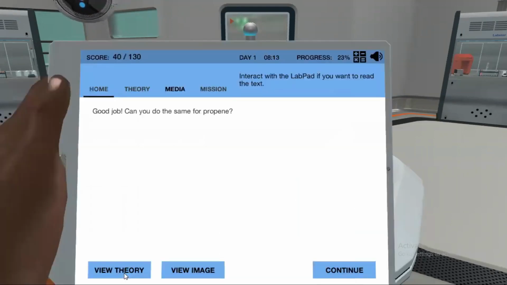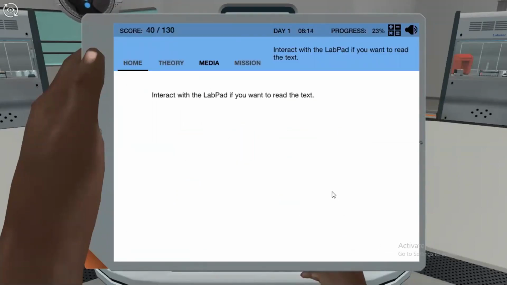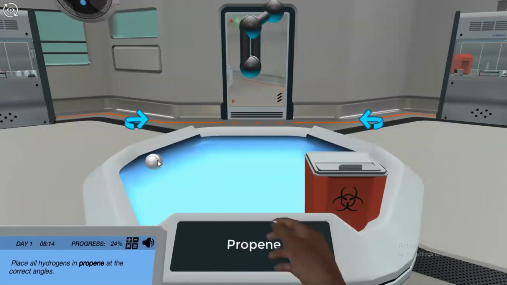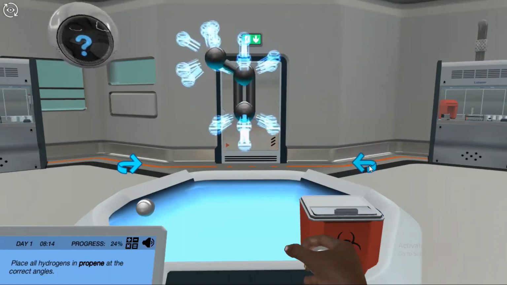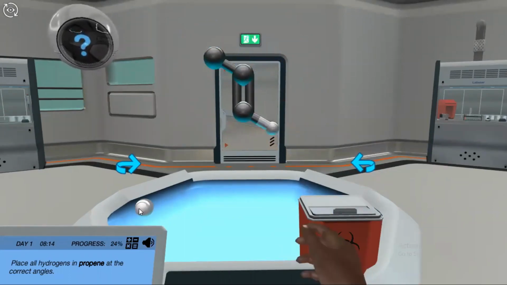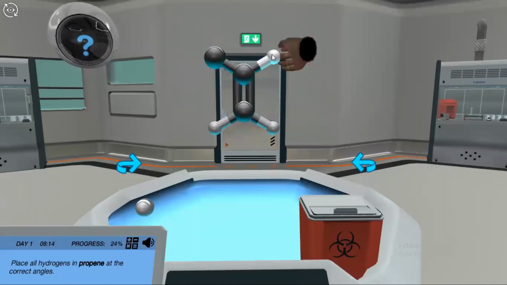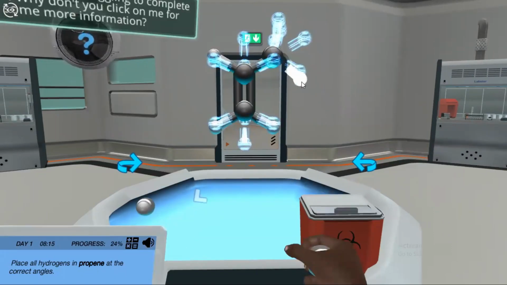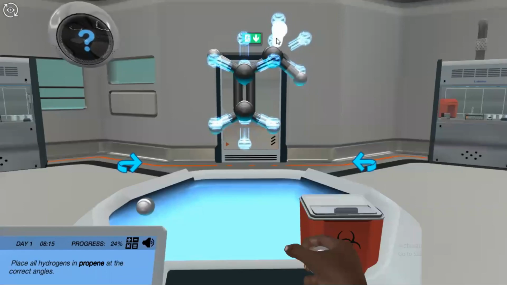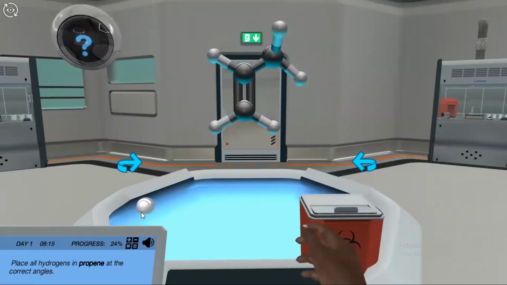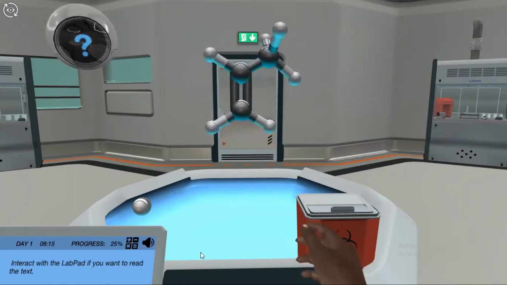Can you do the same for propane? Awesome. Can you do it for propane as well?